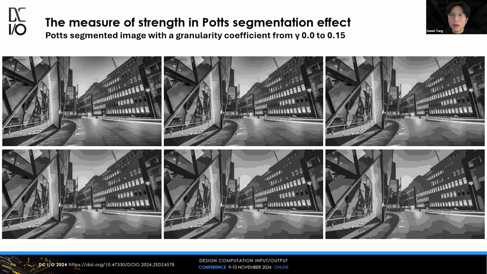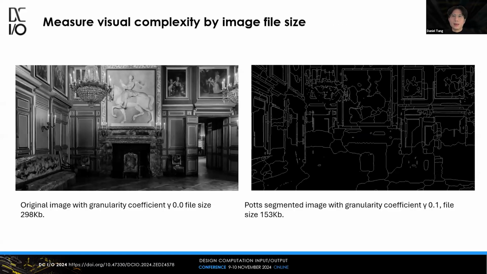This is an example of different levels of approximation, which we call the granularity coefficient. The greater the value, the stronger the image simplification. The file size is used to gauge the objective visual complexity of the image. The different file sizes of these building images at various approximated levels are also used to calculate correlation with the time estimation result.